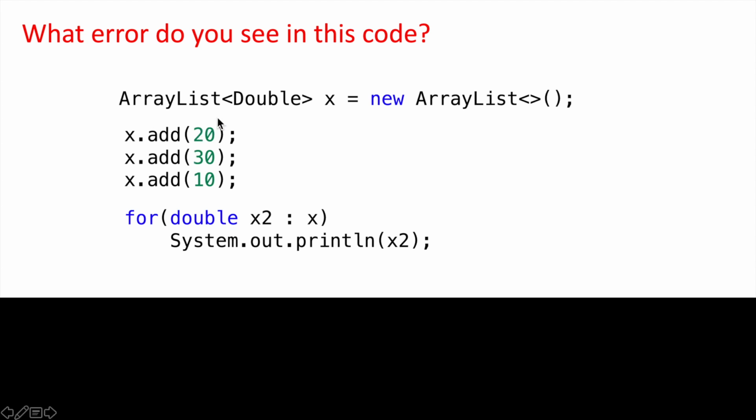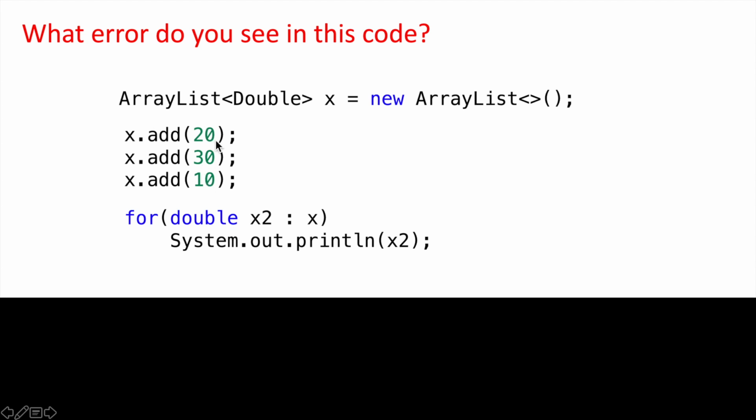But here we're adding an integer value. Will not work, because this method add is expecting now from us to pass double, because x is of double. So this is the issue here.